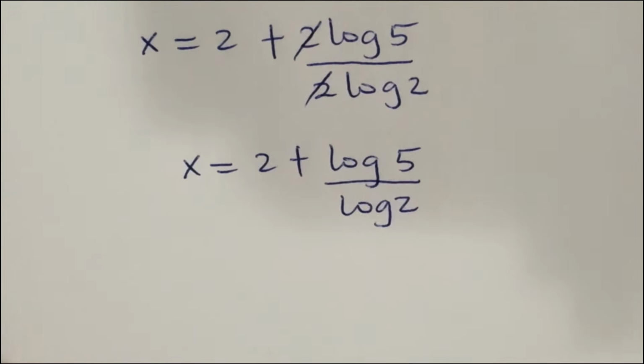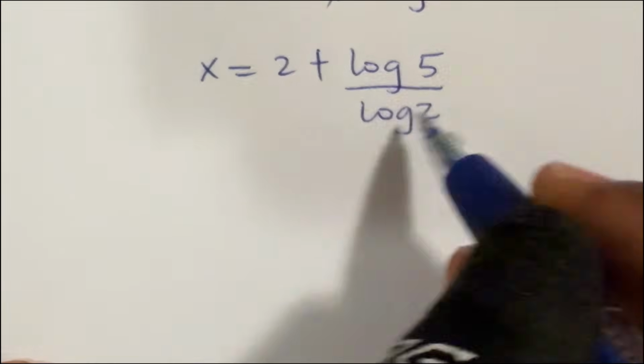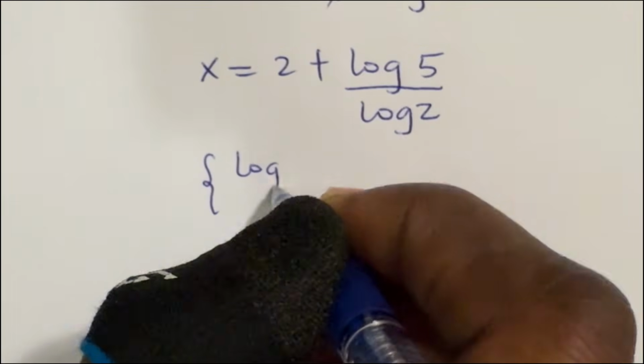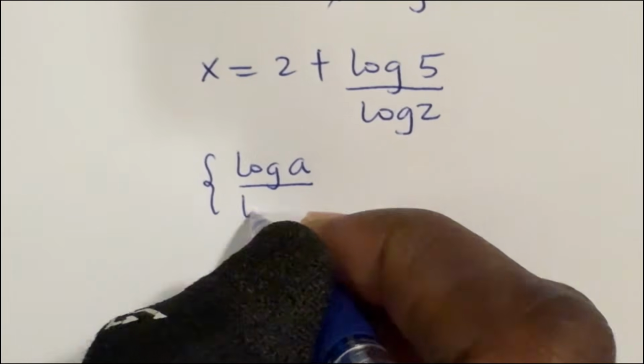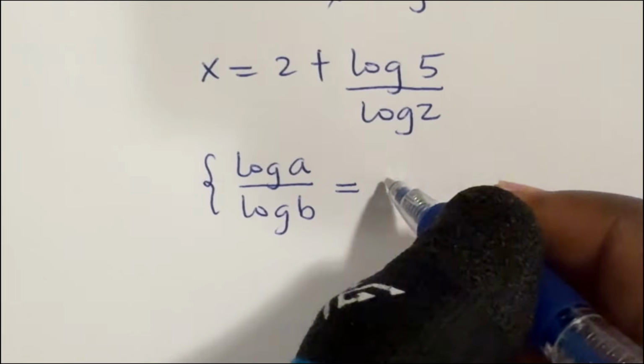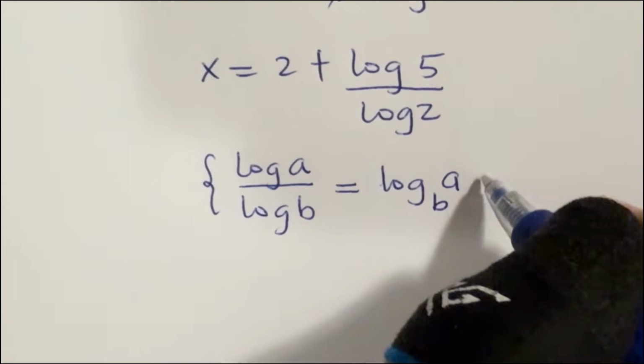And then we apply another law of logarithm with this fraction. It's in the form log A divided by log b. This division can be simplified into log a base b.